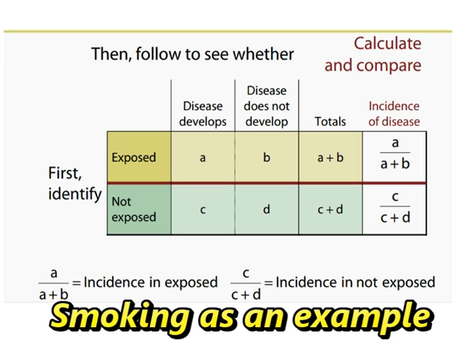So what we got from this table is incidence of lung cancer amongst smokers as well as incidence of lung cancer amongst non-smokers. So in a cohort study, what we can initially get is the incidence of the disease amongst both the groups, the study group as well as the comparison group.